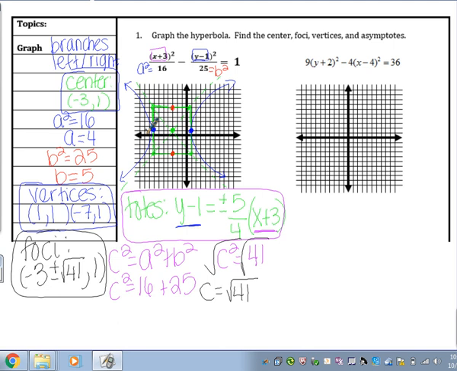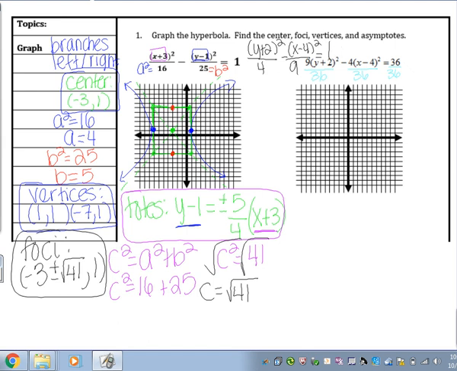All right, what do I need to do on the next one to get it ready to graph? Divide by 36 to have it set equal to 1. So this would be y plus 2 squared over 4 minus x minus 4 squared over 9 equals 1.